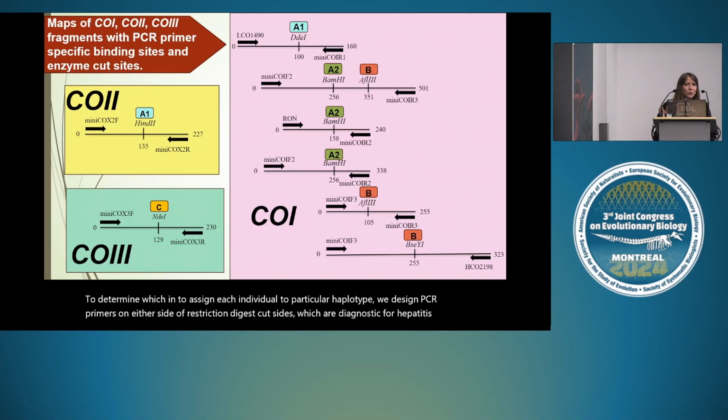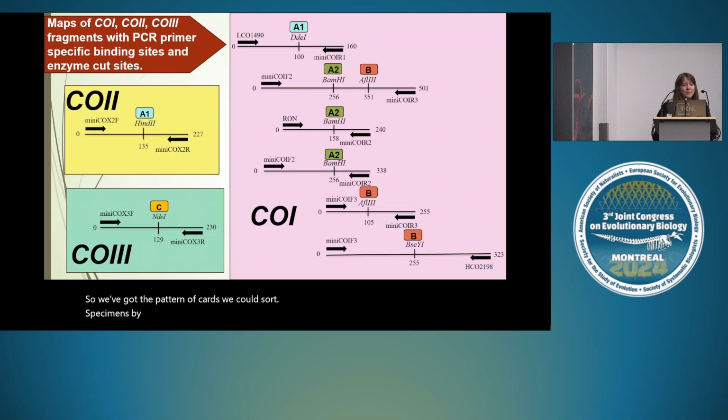We amplified with the designed PCR primers and digested the PCR products to determine whether these diagnostic cut sites were present in each individual. So we got the pattern of cuts, and we could sort specimens by mitochondrial haplotypes. On this slide, you can see, for example, that haplotype C will be cut at this site and will not be cut at any other site presented on this slide.